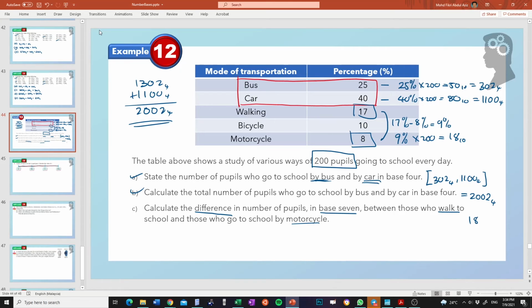So 18 divided by 7 lah. So becomes 2, remainder 4. 7 again becomes 0, remainder 2. So the answer is 24 base 7. That's the answer. Okay, any question here? Ada soalan? No question.